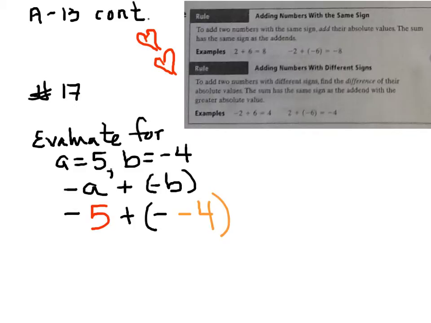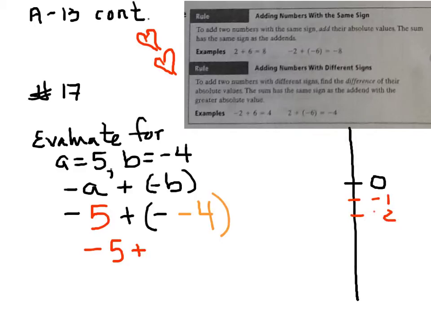And I want to go ahead and simplify that. So that's going to give me a negative 5 plus, and then let's take a look at what the opposite of negative 4 actually is. So if this is 0, let's go ahead and finish our number line. I'm going to go negative 1, negative 2, negative 3, negative 4, negative 5, and then in the positive direction, 1, 2, 3, now let's make that go a little bit farther, 4.